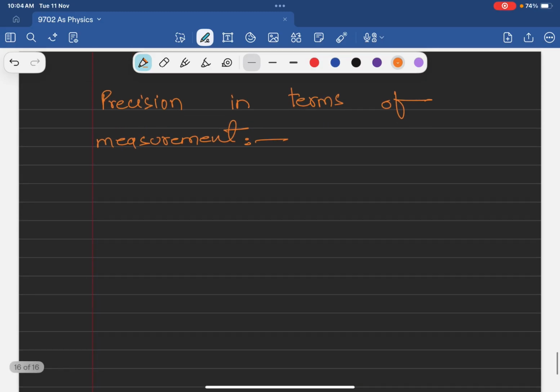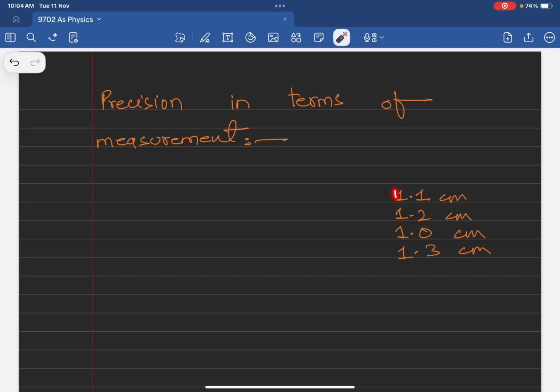See, if you are taking four readings, one is 1.1 centimeter, one is 1.2 centimeter, one is 1.0 centimeter, and one is 1.3 centimeter, let's say. You are seeing that these readings are close to each other.